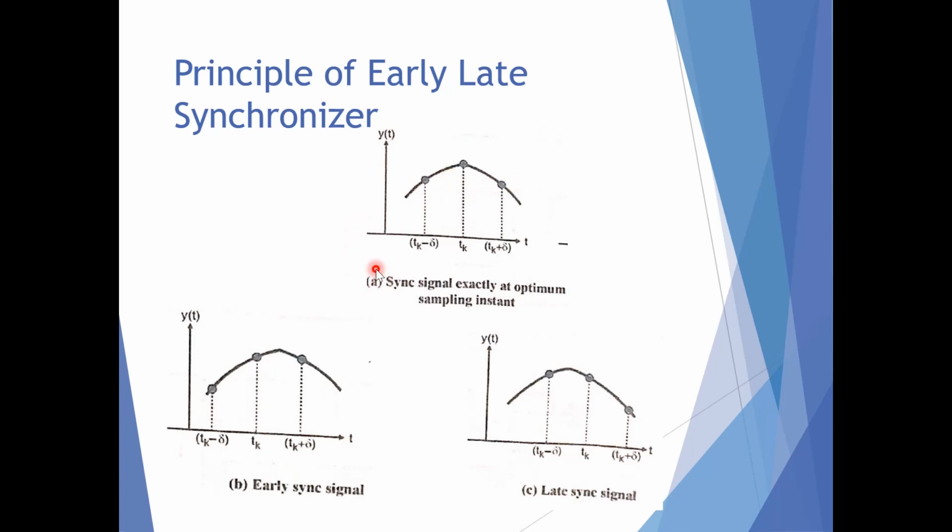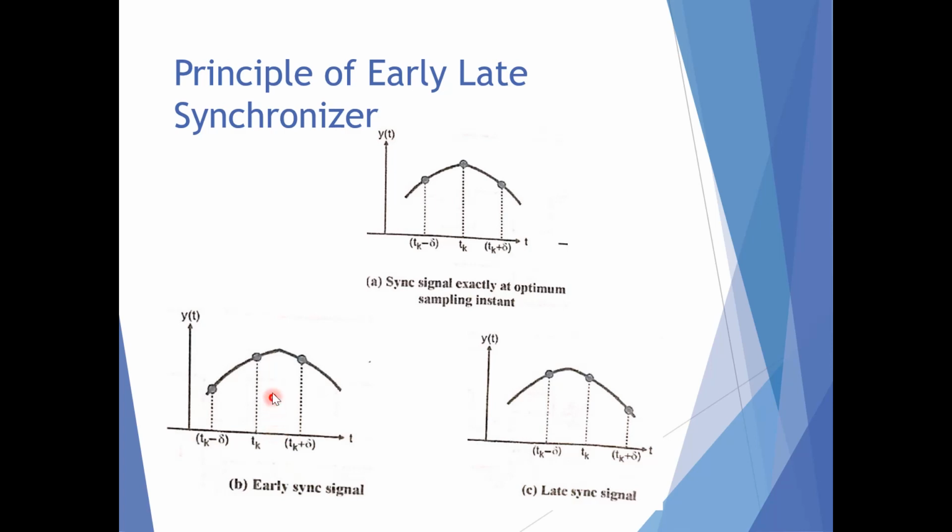Now, in the second situation, early sampling, the sampling is done earlier than the optimum sampling instant, where the signal amplitude is maximum. Here it is Tk.